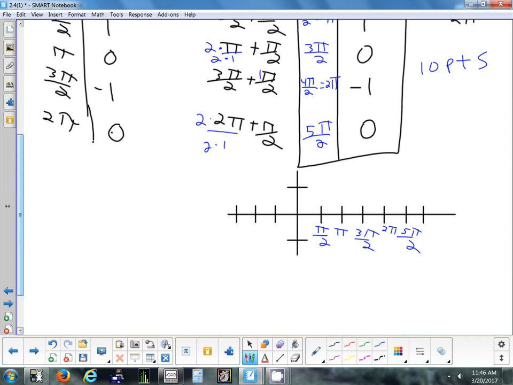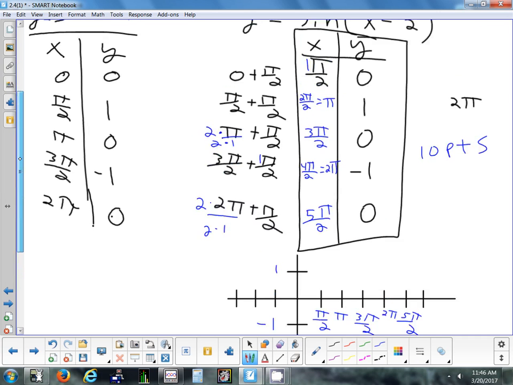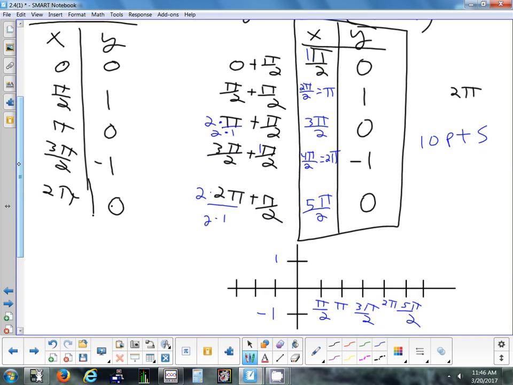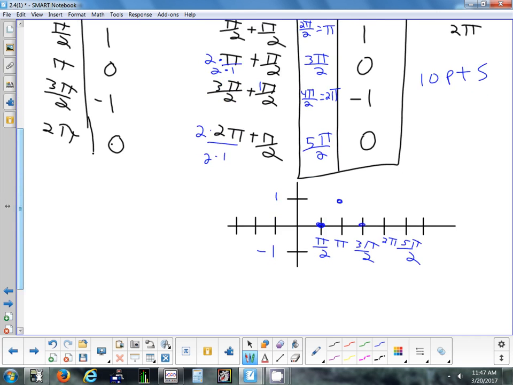Okay, what's the highest value that we go? Kelsey? 1. And the lowest? 0 or -1. -1. Now just put those points in that table on that graph. So pi over 2, 0. Pi, you're up at 1. 3 pi over 2, 0. 2 pi is -1.